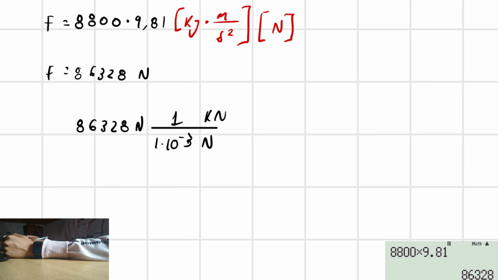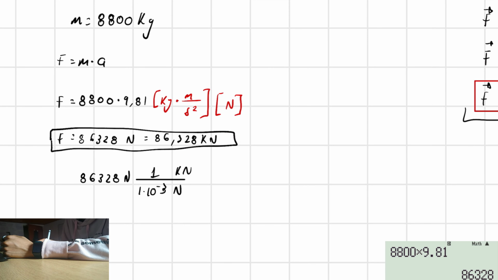But I already know that it is easier for us to move this comma 3 spaces. So 1, 2, and 3. So this is going to be equal to 86.328 kilonewtons.